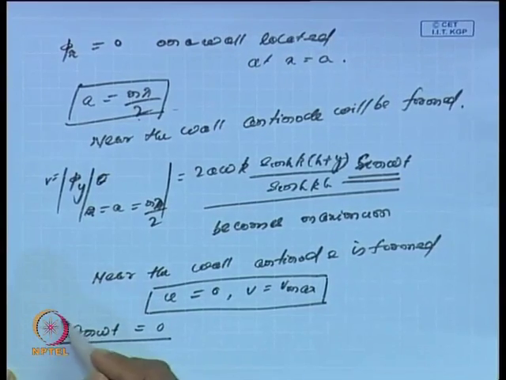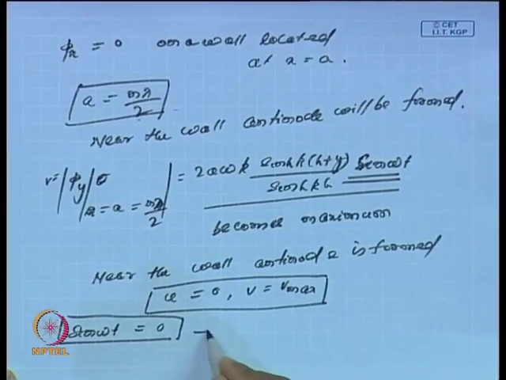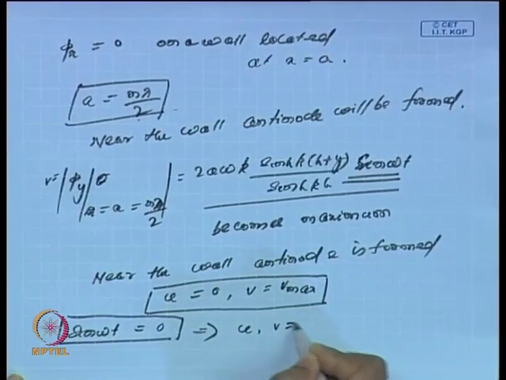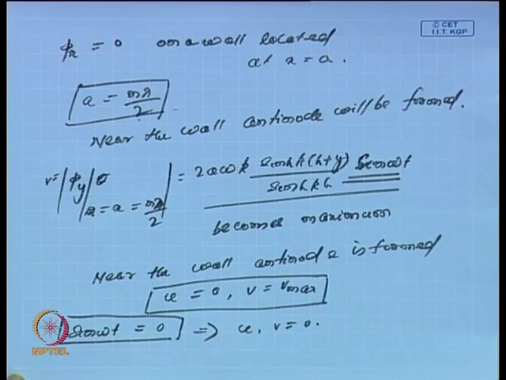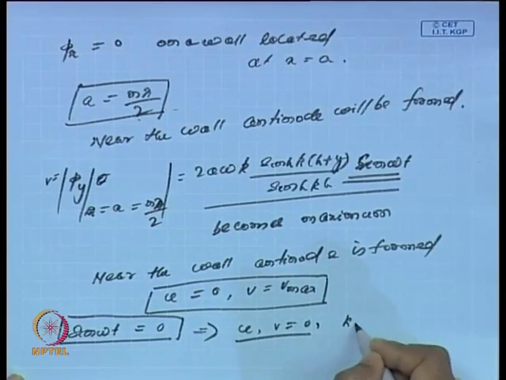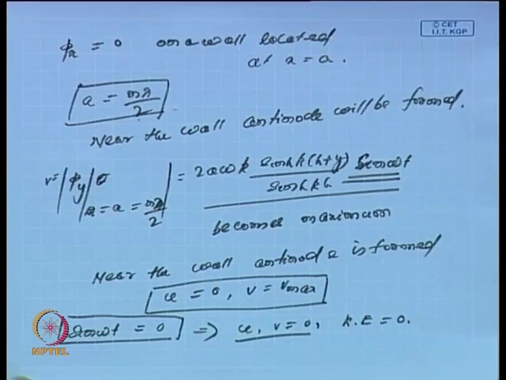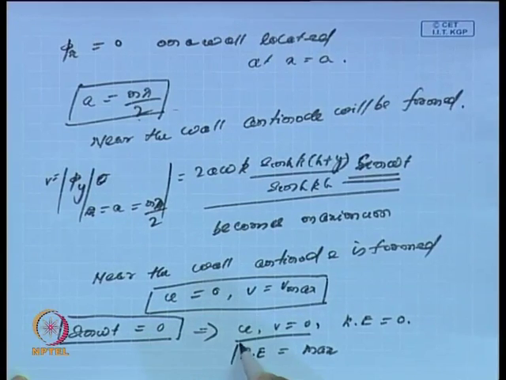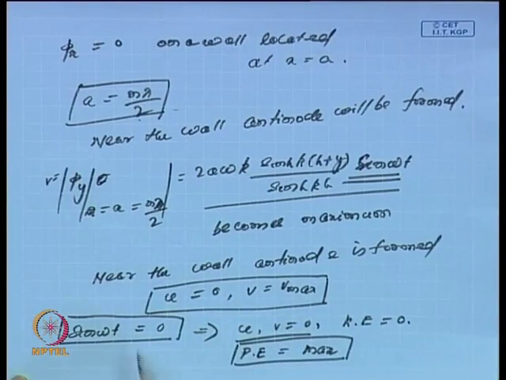It implies both u and v are 0, and we will see later that from the kinetic energy definition, this will lead to kinetic energy being 0. Because the total energy will be constant, in that case the potential energy will be maximum when sin omega t is 0, u and v are 0, and the kinetic energy is 0.